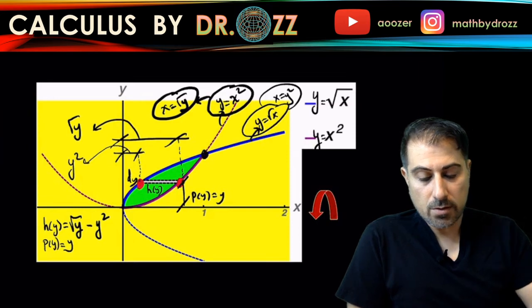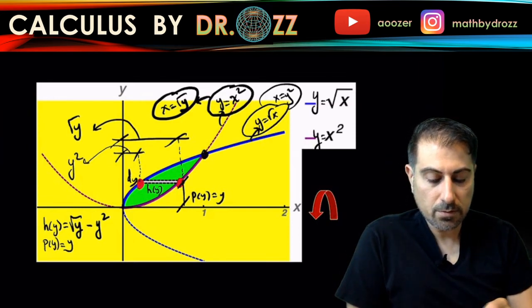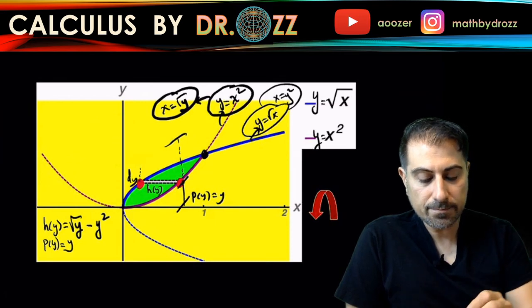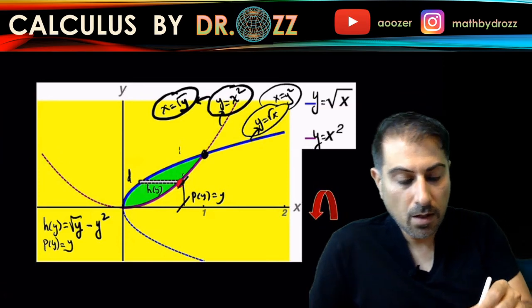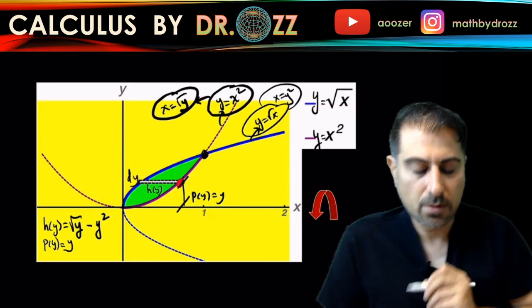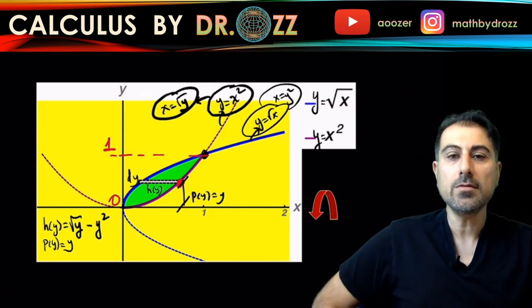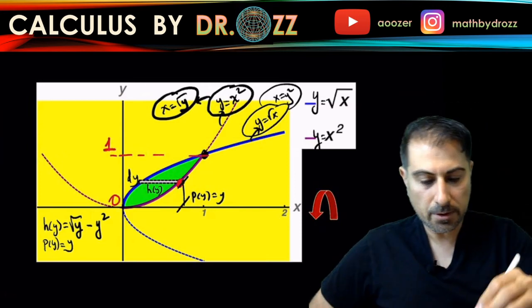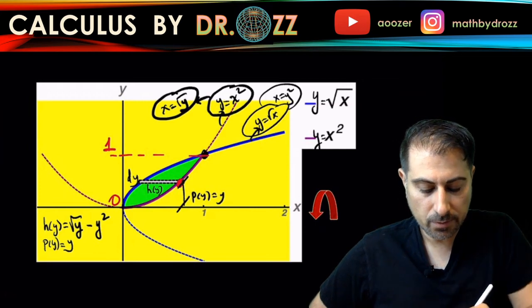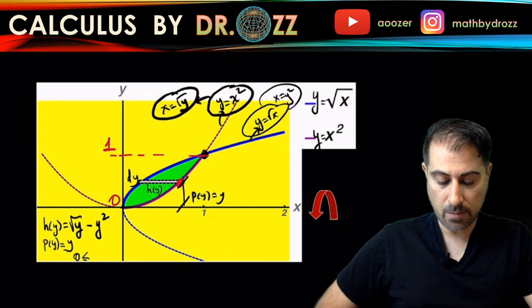So the y's within the region range between 0 and 1, as you see. So I'm going to write down the interval for y to be 0 to 1.